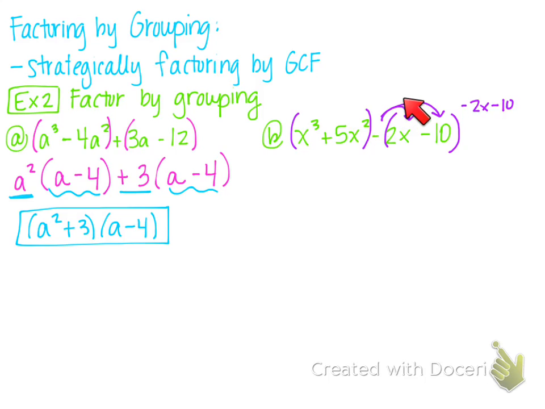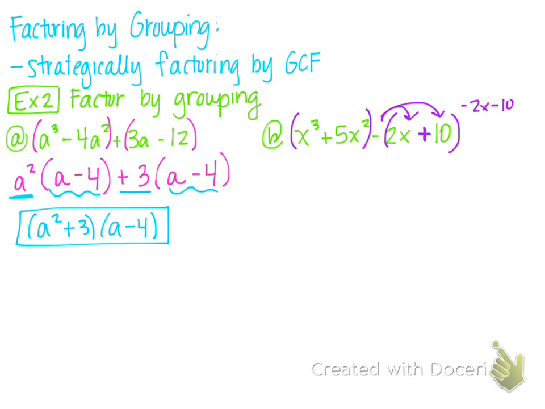We distribute this negative out to the negative 10, we would get positive 10, which is not what we have here. So what we have to do here is we have to change this sign right here from a minus to a plus. Now when we distribute out that negative, we'll get back the negative 10, which is what we need.